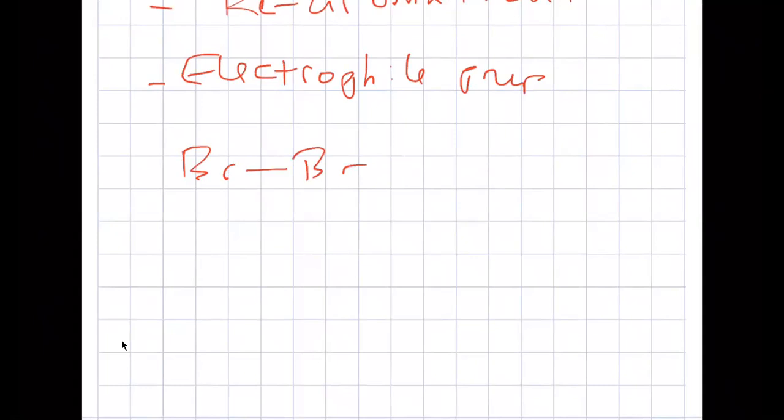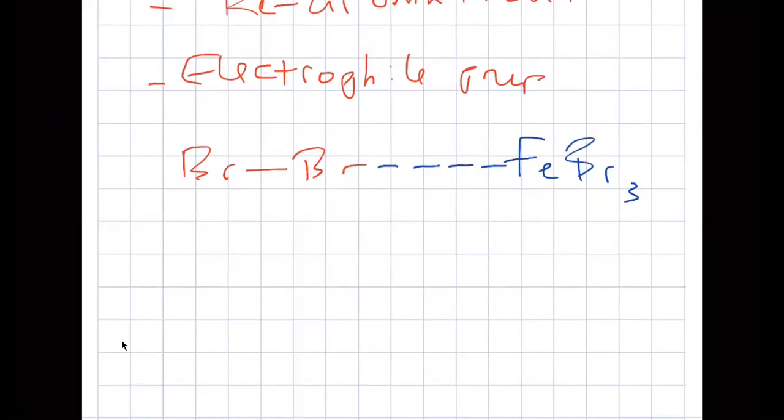I'm going to change the color of that. All right, so you form an iron bromide complex in that first step. That's how you prep the electrophile.